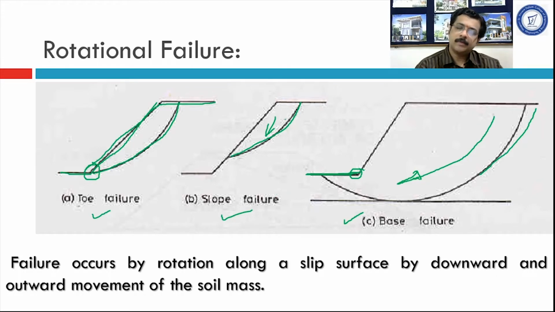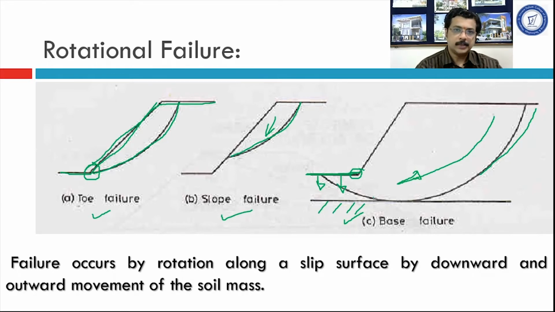Base failure would occur when below the toe level, if the soil available is weak and at great depth a hard strata is available. So this slip surface may go down below the toe level, and it may cross the bottom of the slope. Under this situation, base failure occurs.